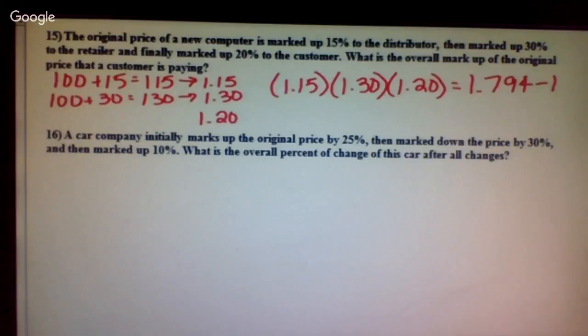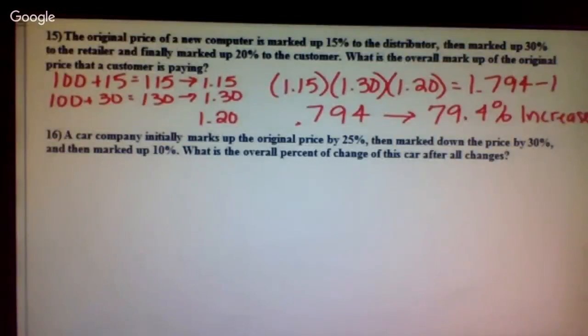What's left? 0.794, change to a percentage, 79.4% increase. Paying 79.4% over the original price.